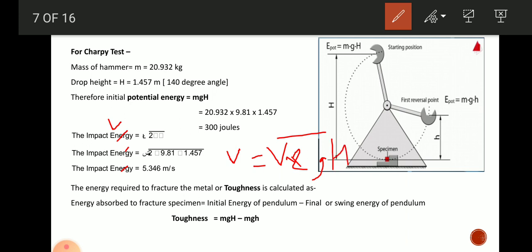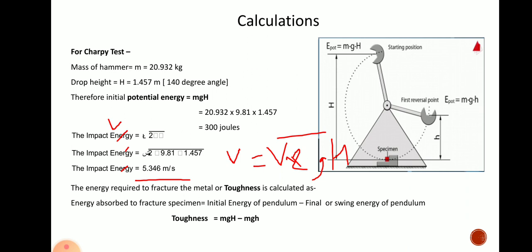So 2 into g, acceleration due to gravity 9.81, into the height capital H, 1.457. If you put in all the values, you will get the impact velocity as 5.346 meters per second for the Charpy test.